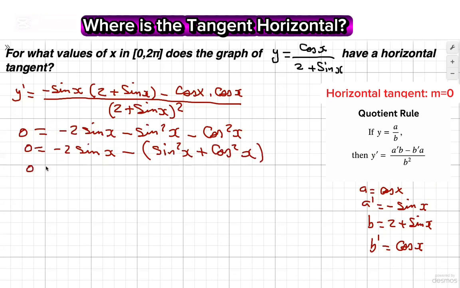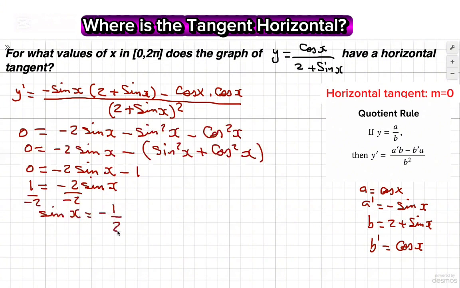So now I could rewrite this as 0 equals negative 2 sin x minus, and all of this is 1. Now we have to solve this for sin x, so I'm going to move the negative 1 to the other side. So that's 1 equals negative 2 sin x. And then divide both sides by negative 2. And therefore sin x equals negative 1/2.